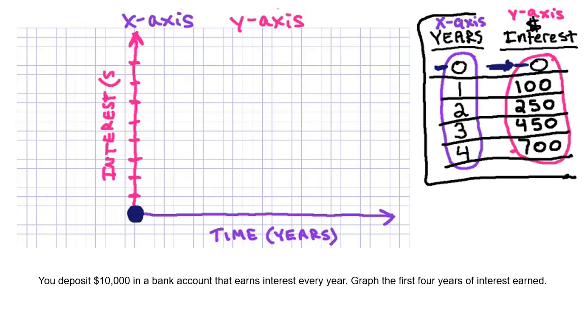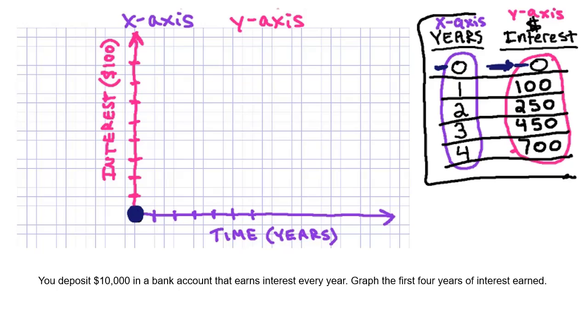We're going to say in hundreds of dollars, just like we put the time in years down here on the bottom of the x-axis. So the years is going to be every other square, and that's each going to represent 1 year.